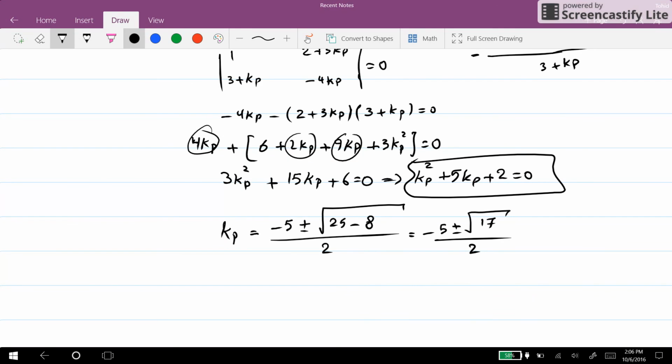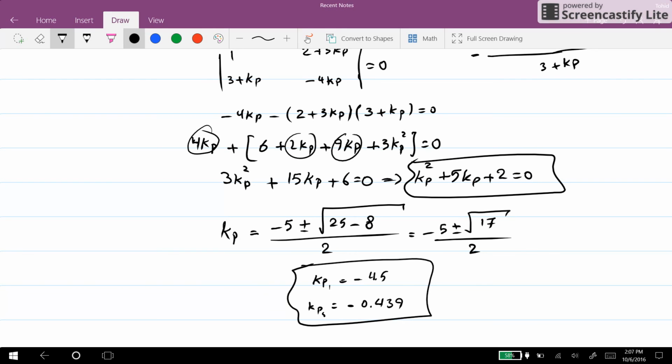And the answers are Kp1 and Kp2. We have two answers indeed. One is minus 4.5 and the other is minus 0.439.